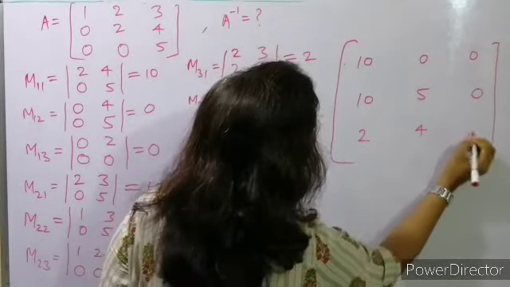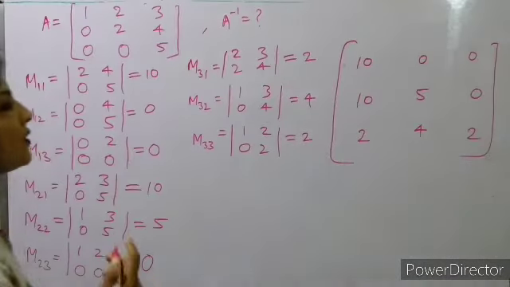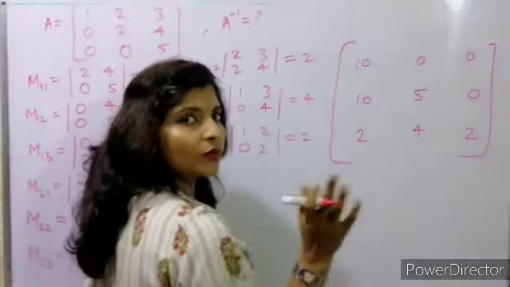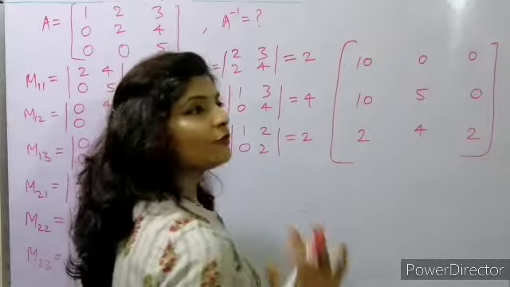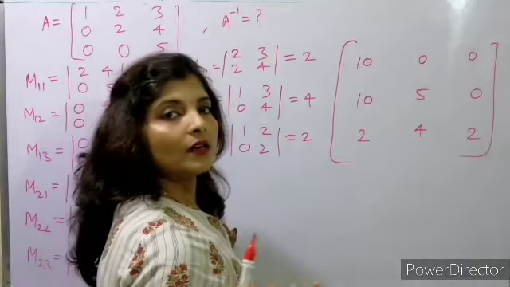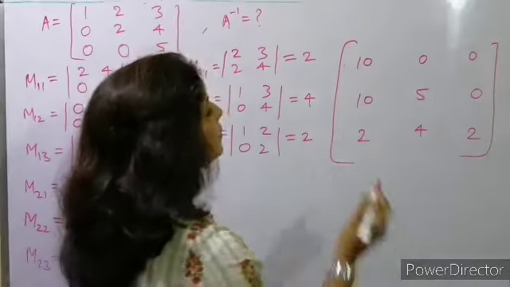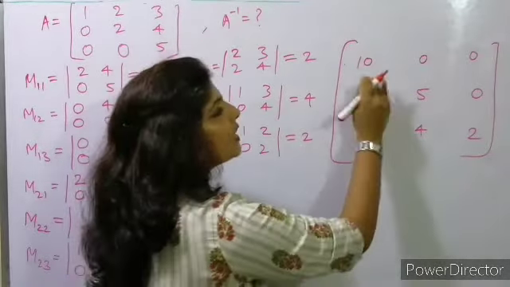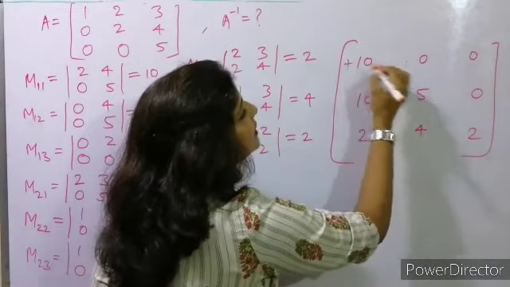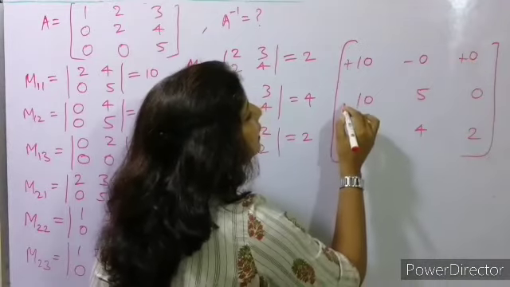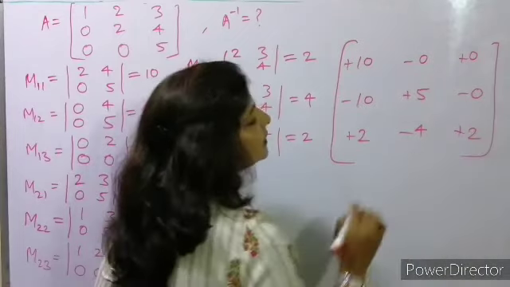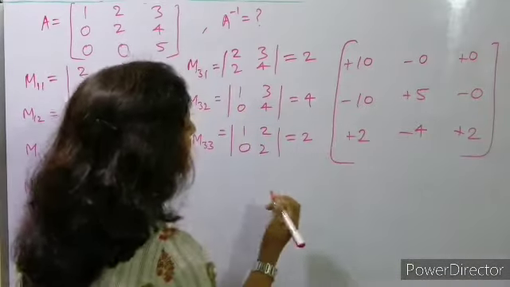And since we know that the 1 1 position is positive, to write the cofactors we just have to put the signs, and it will become the matrix of cofactors. We know the signs are plus minus plus, minus plus minus, plus minus plus.